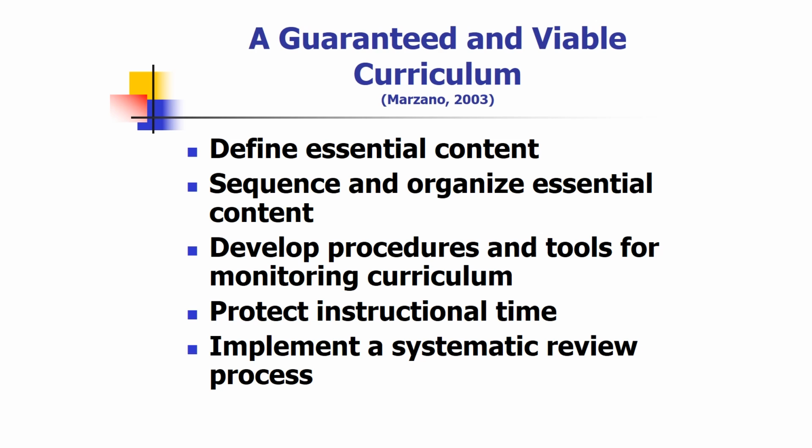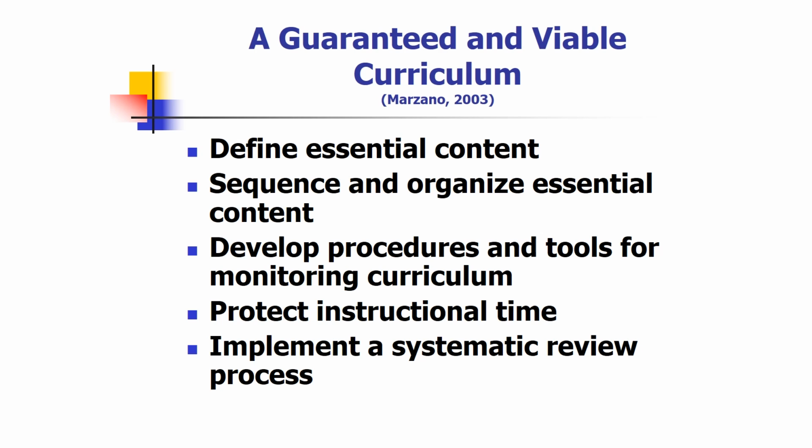Let's go back to that number 1 factor that affects student achievement, a guaranteed and viable curriculum. In a nutshell, here are 5 characteristics of a guaranteed and viable curriculum. Define essential content, sequence and organize essential content, develop procedures and tools for monitoring curriculum, protect instructional time, implement a systematic review process.